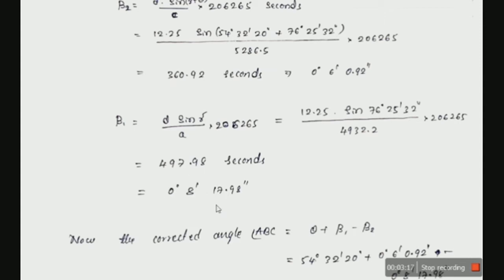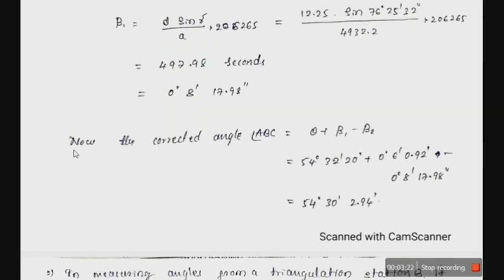We are getting this much of beta 1 value. And last, the correct angle, that is alpha, that is ABC. In the first case, the alpha value will be theta plus beta 1 minus beta 2. Put in all the values and simplify this. We are getting the alpha value as 54 degree 30 minutes 2.94 seconds.